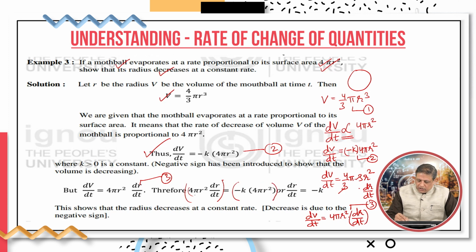So, this component will cancel out and you will find that dr by dt is minus k, which represents that the radius is decreasing. And for that reason we are having the negative sign. So I hope you understood how we applied the concept of differentiation to solve this problem.